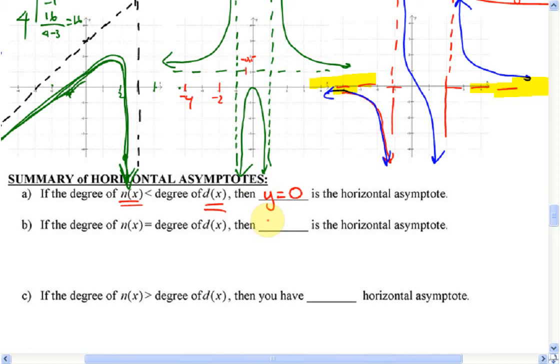And if it's equal in degree, which is example number 2, then you have a value, which I'll call k. So this is a constant.